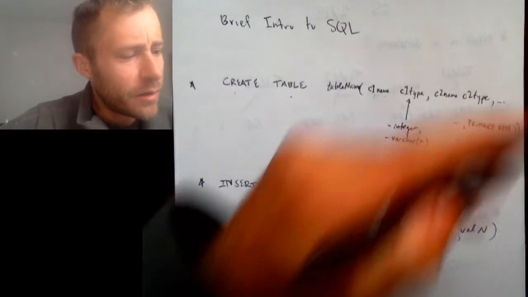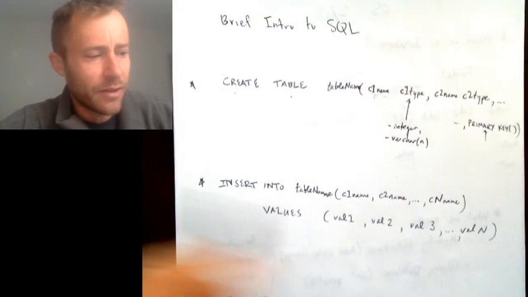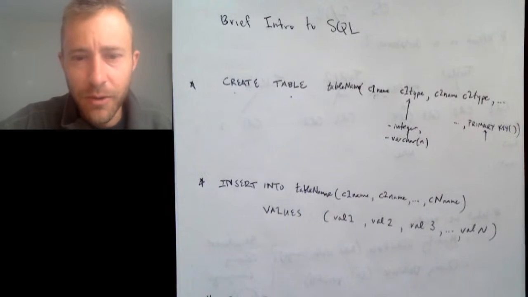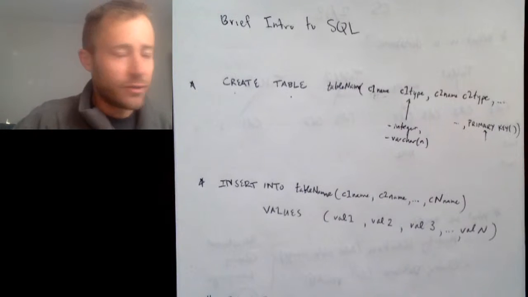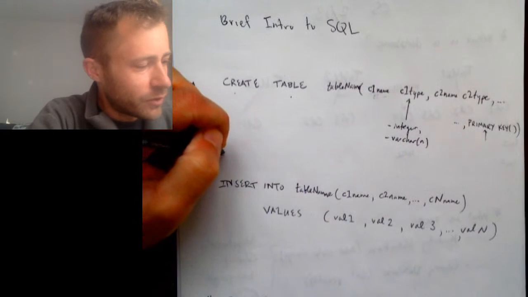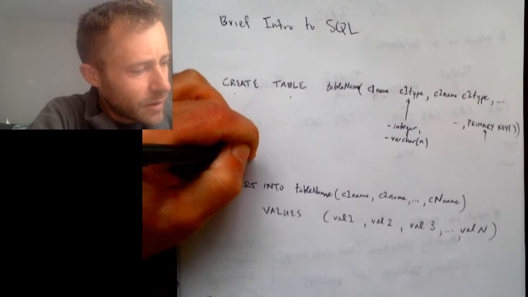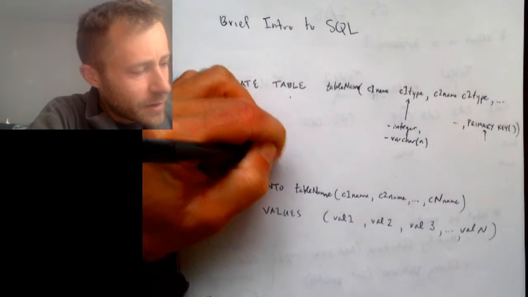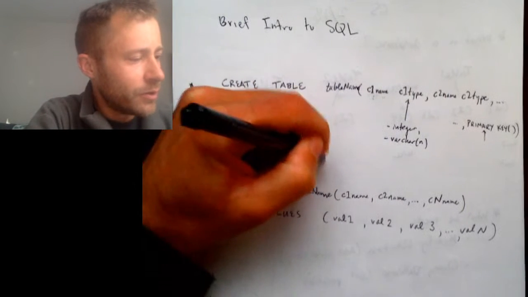Okay. Now, there are a couple of different modifiers, but if you think about what one data table you might make, it's users. So let's do an example. Let's say create table, and that table is going to be called users.